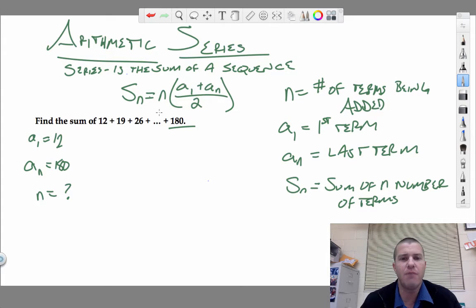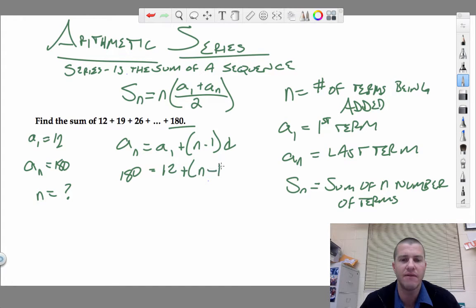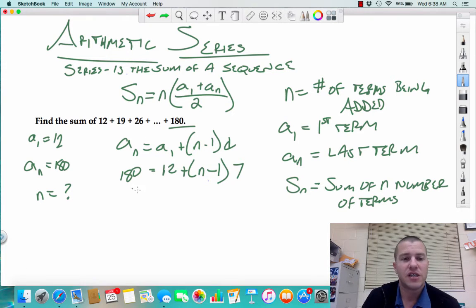So if there's any part of this that you don't know that you need, you're going to use the an formula. Because I want to find out what term number 180 is, I'm going to plug that 180 in for an. The a1 is 12. I'm trying to find the n for that 180. And I do know the common difference, which is 7, because 12 plus 7 is 19, plus 7 is 26, and so forth.